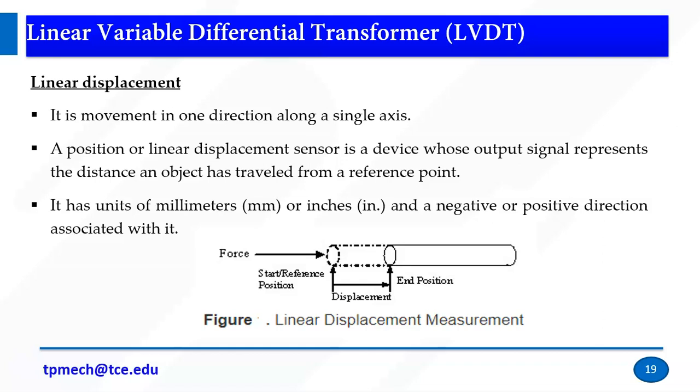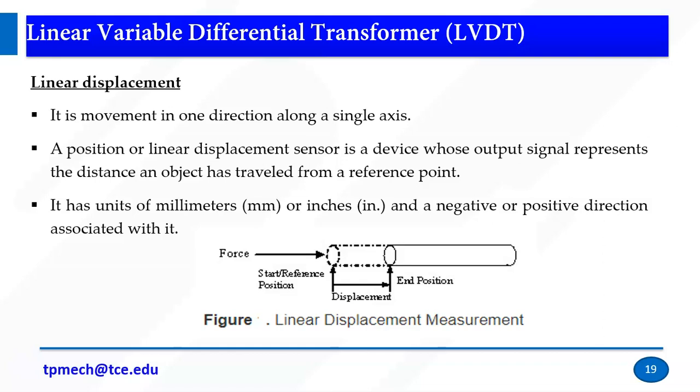A position or linear displacement sensor is a device whose output signal represents the distance an object has traveled from the reference point. So we have a reference point, and how far it has moved along one axis is the linear displacement.